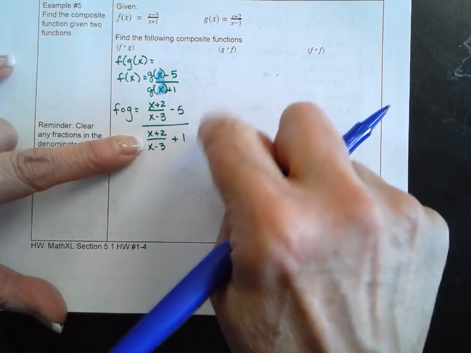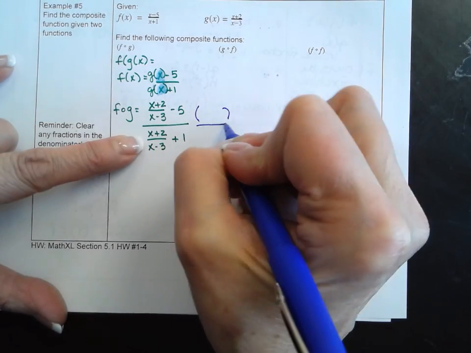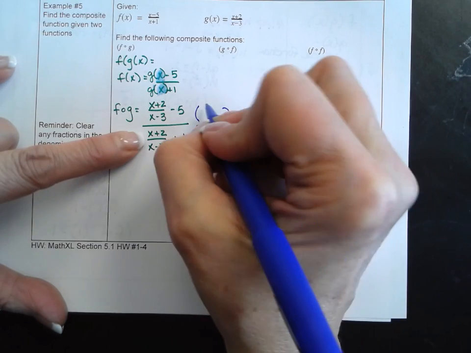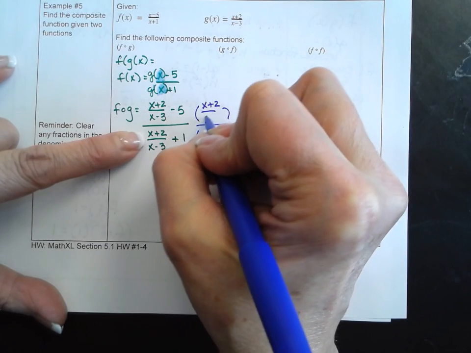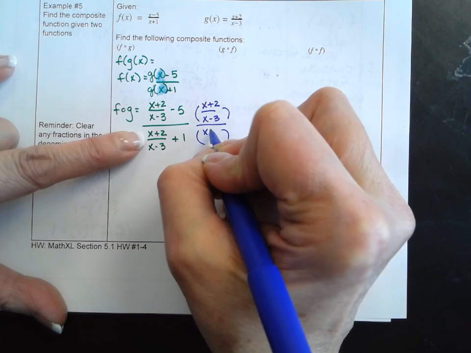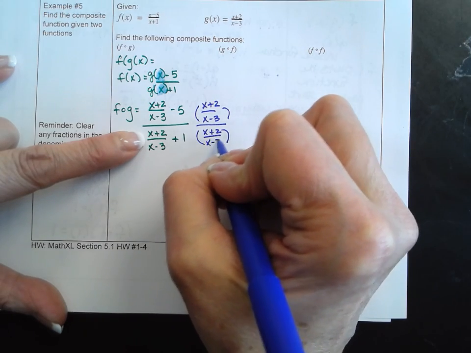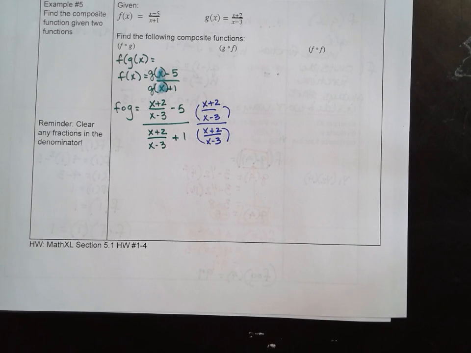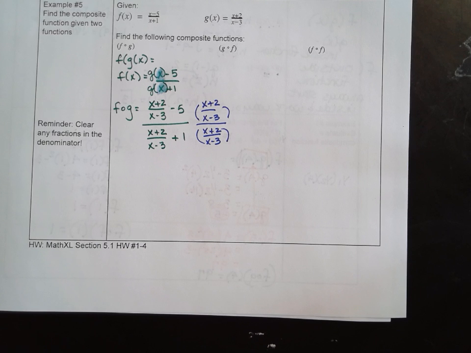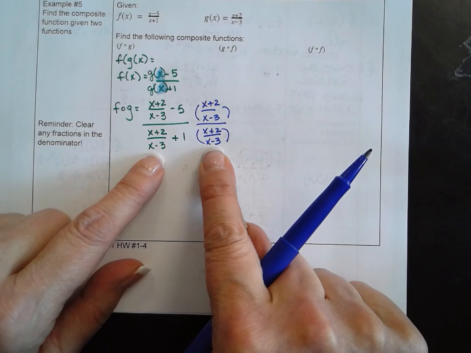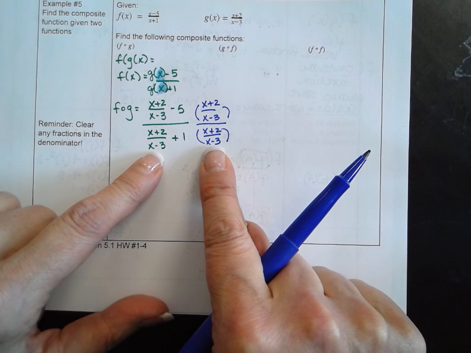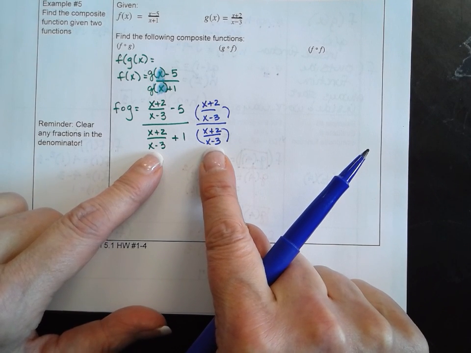And I got to do it to the whole thing because then it's like multiplying by 1. So there's my fraction from the bottom, right? What about the plus one? Well, that's just a whole number. But when I multiply those, what do I do next? Is that going to clear out the fractions?